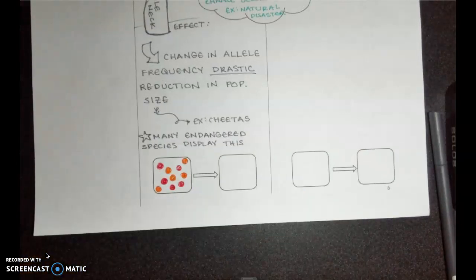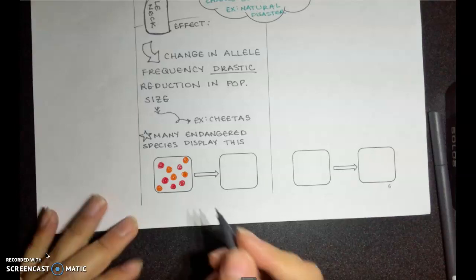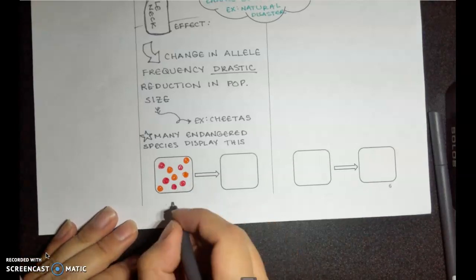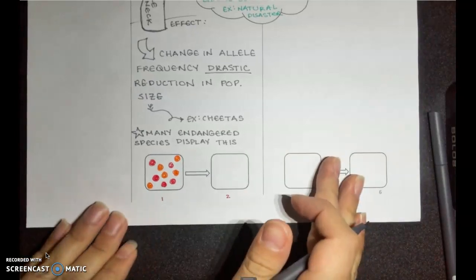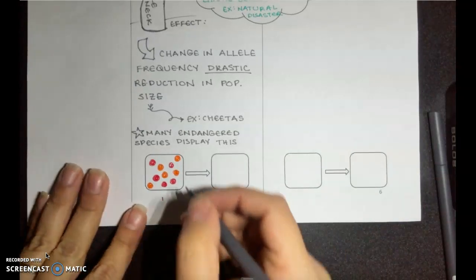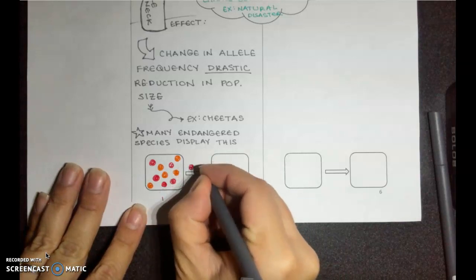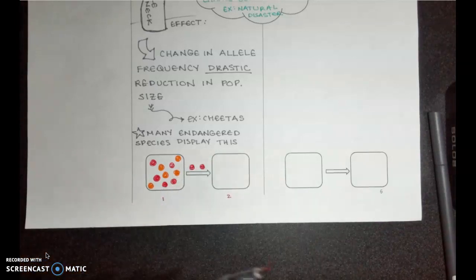Okay, relatively good population size. Let's say that some kind of natural disaster strikes. Okay, from storyboard 1 to 2, something happens. It doesn't actually really matter what that is. However, the surviving organisms only have the red allele.